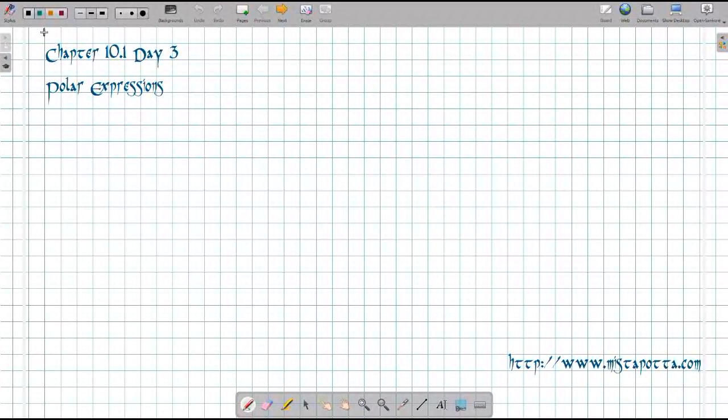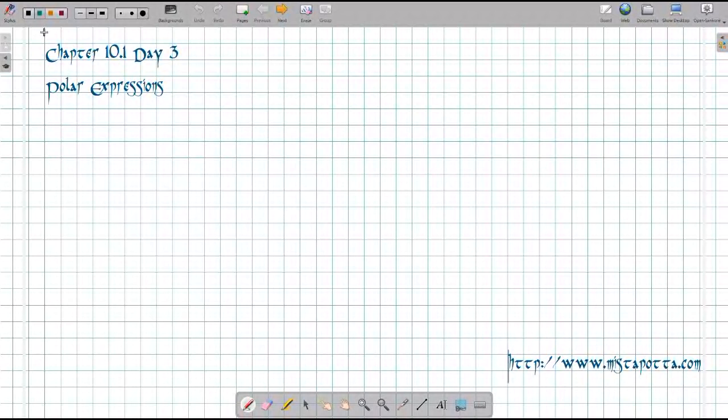And one of the things that we noticed is a great similarity between trying to find the magnitude and direction of a vector and what we recognize from our pre-calc classes when we're dealing with polar functions and polar coordinates.